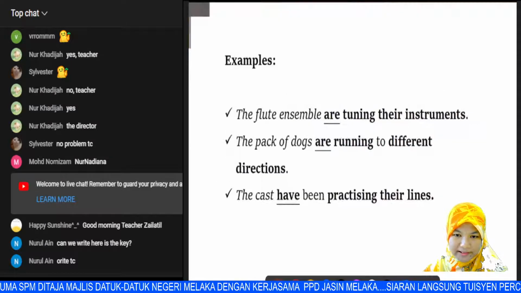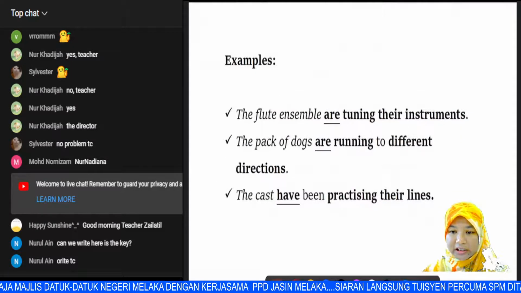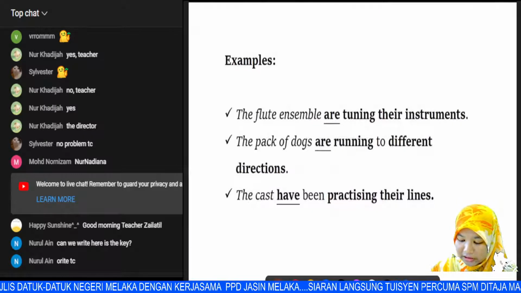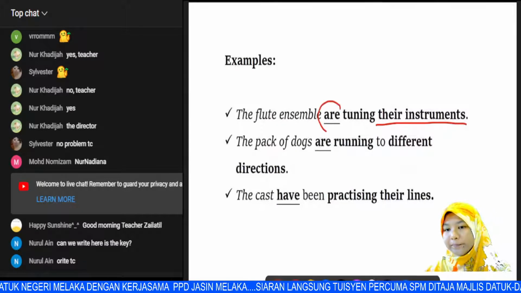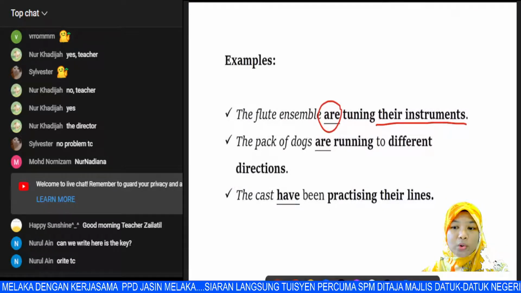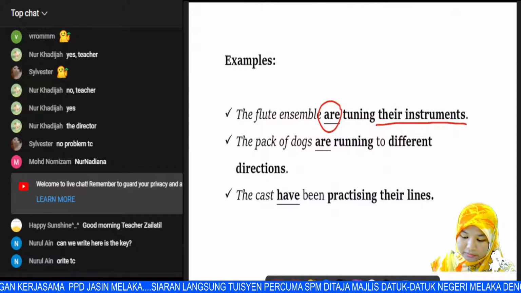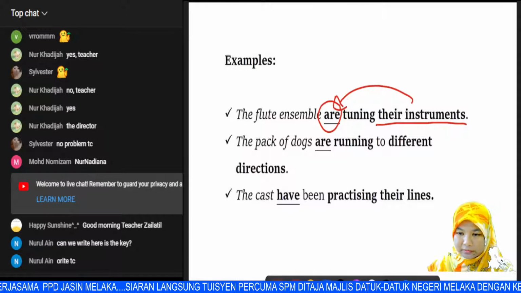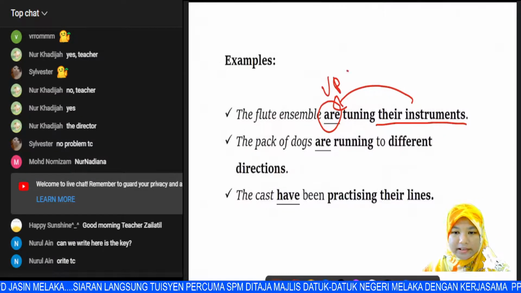It means that the flute ensemble are doing their own things, their own activity, which is tuning their instruments. So we use are here, because they are doing their own things. Verb plural.